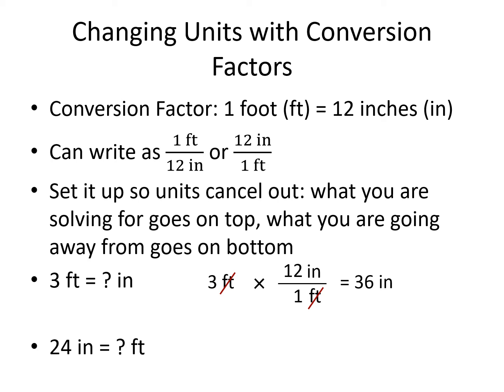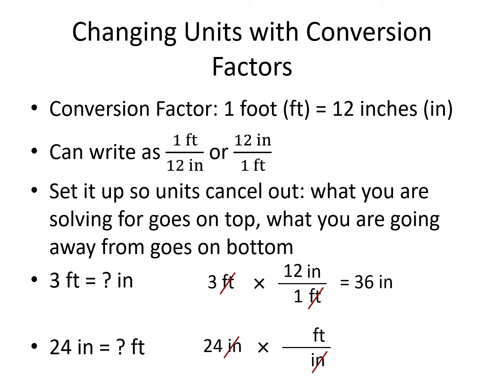Again, I start out with the number I am given in the problem, 24 inches. Then I choose a conversion factor that takes me from inches to feet. In order to cancel out the inches in my starting number, I need to have inches on the bottom of my conversion factor. Since I am trying to solve for feet, feet need to go on the top of my conversion factor.